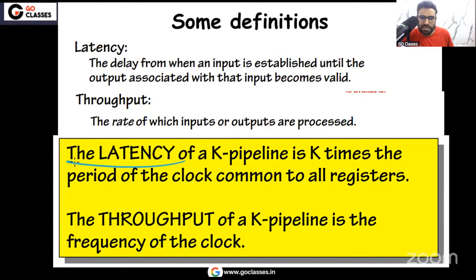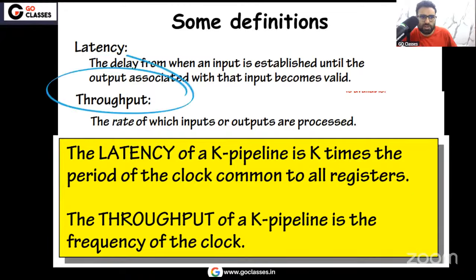You can read this. The latency of a k-stage pipeline will be total k cycles, or I can say k multiplied by the cycle time, the period of the clock common to all the registers. Very simple. I hope you understood.